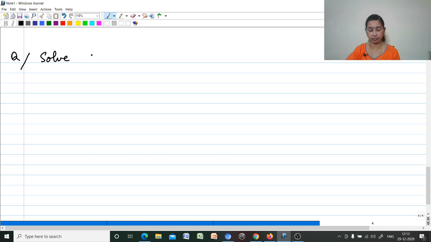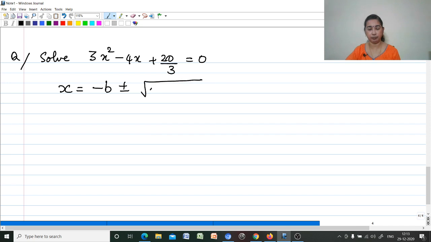All of it is in the same form. So 3x square minus 4x plus 20 by 3 is equal to 0. In order to find the value of x, x equals minus b plus or minus root of (b square minus 4ac) into i, divided by 2a.